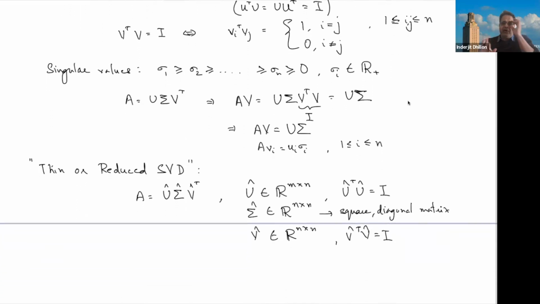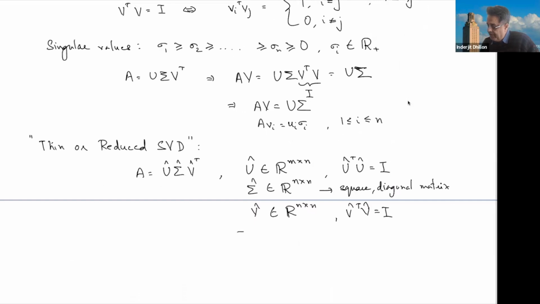Now, the important thing to realize, and this comes up when you are manipulating formulae around, and that's one of the reasons why I want to stress it, is that in general, if m is not equal to n, U hat U hat transpose is not the identity. So I can't just reverse this because U hat is not square.